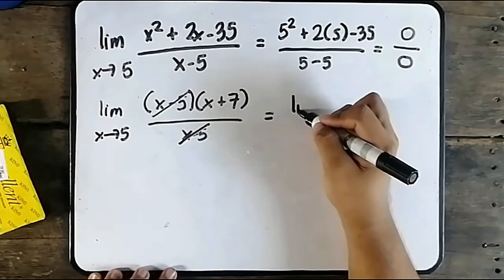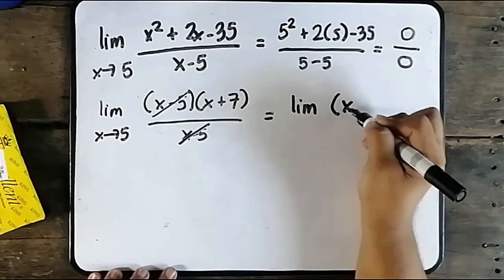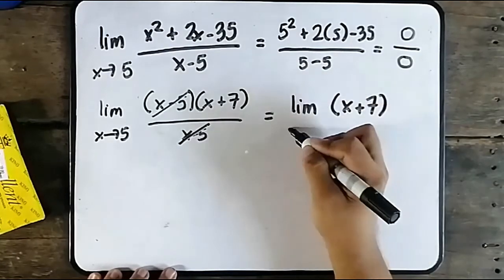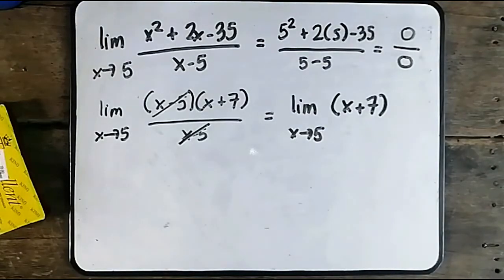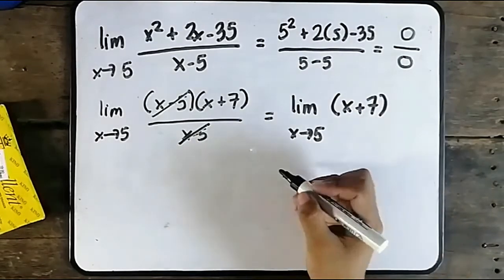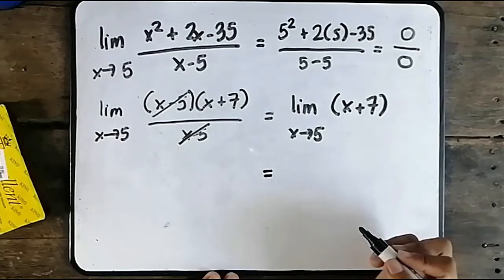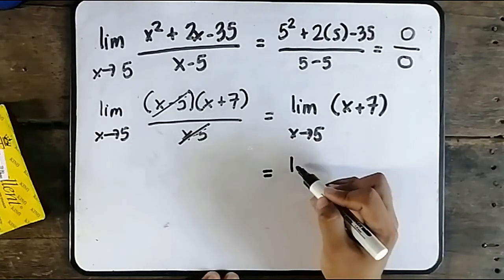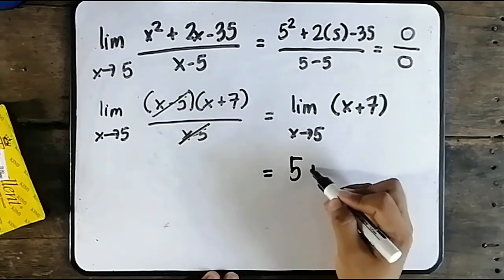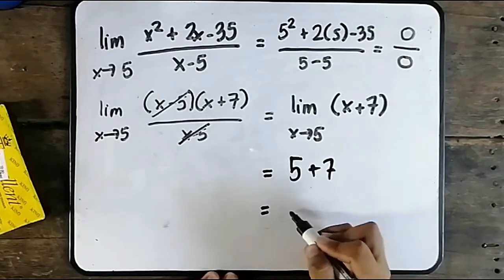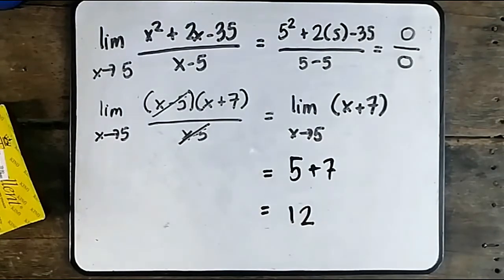This becomes now the limit of x plus 7 as x approaches 5. So, since meron na tayong polynomial dito sa taas, therefore, the answer now is, pwede nating i-substitute. The limit of x plus 7 now is 5 plus 7. So, the answer is 12.